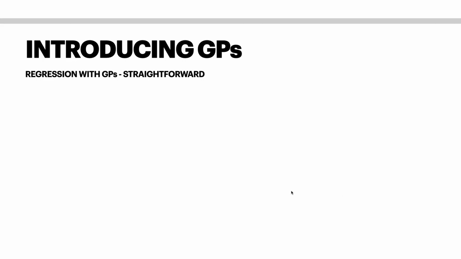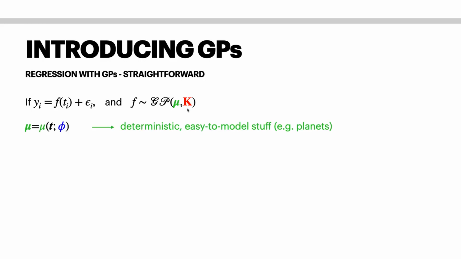Now, what does regression or fitting with a GP actually look like? Let's say we have a series of observations, yi at times ti, plus some Gaussian noise, and we assume that these observations can be described by an unknown function, f. So we place a GP prior over f, and this GP is fully specified by a mean and a covariance.